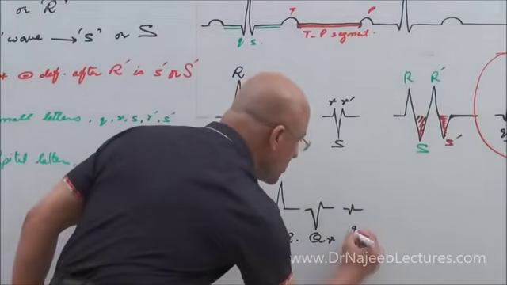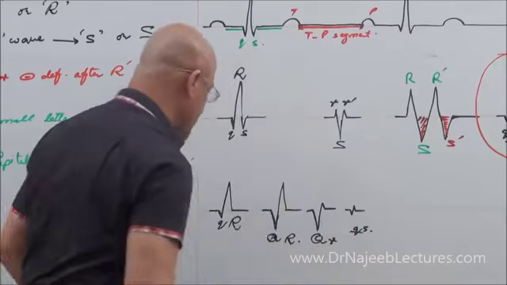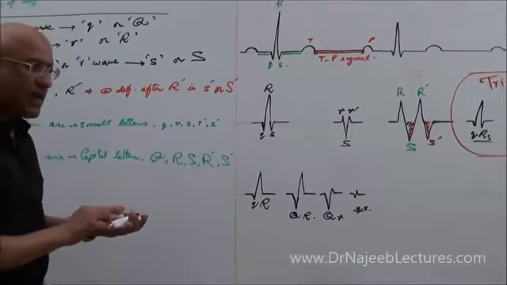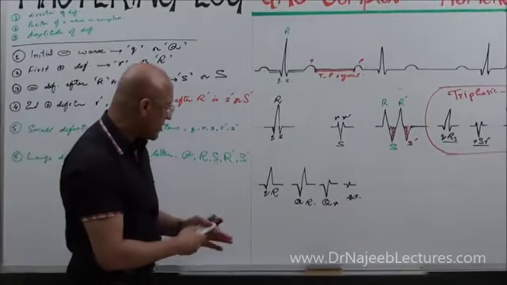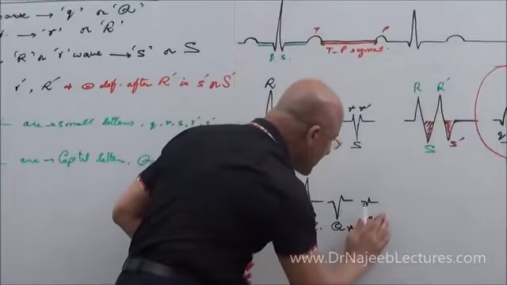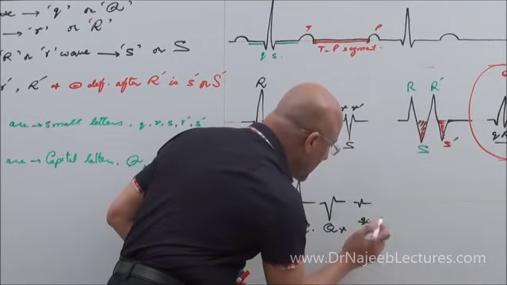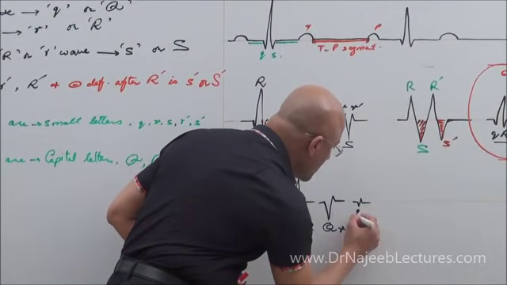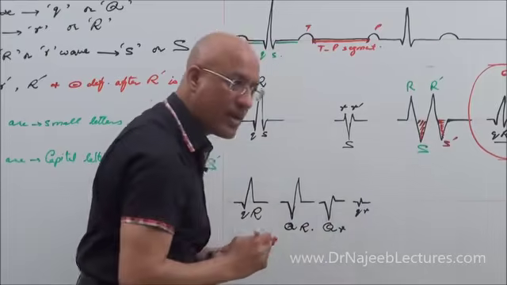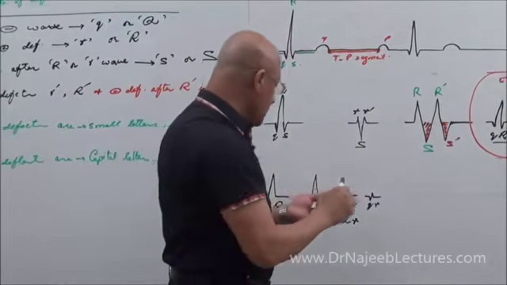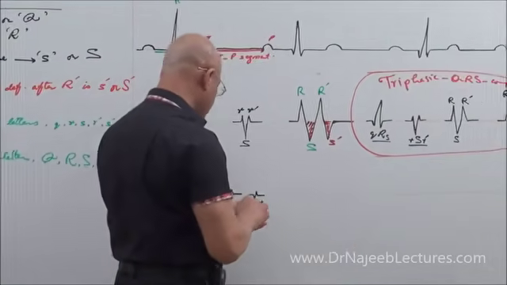QS complex, QS complex, good. So I think you are really learning. QR, yes, very right. It means you have really learned, very good. QR, right? Now I come to another set of complexes.